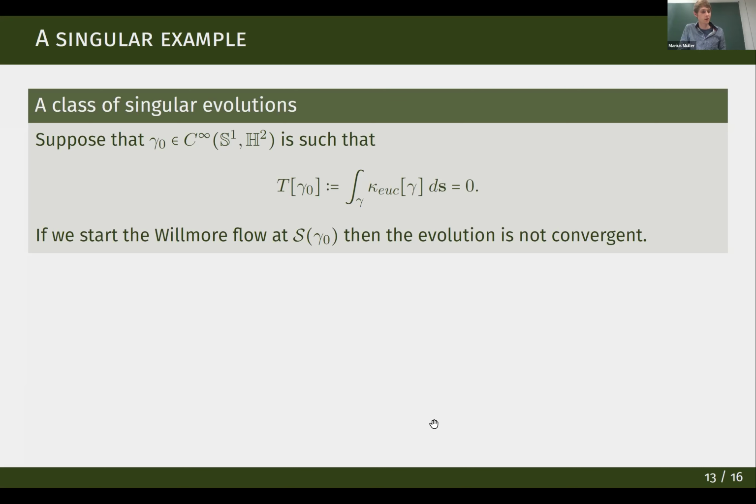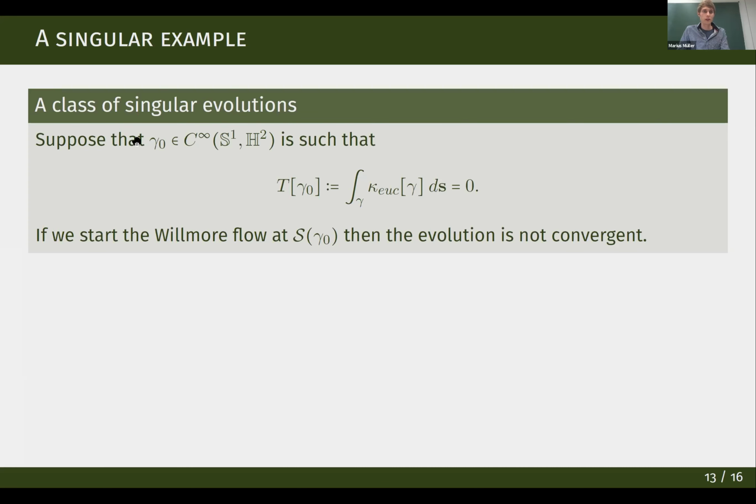For the rest of the talk, I will go a little bit into how we can construct the singular evolutions, because this shows the sharpness of the main theorem, or the sharpness of the threshold of 8 pi.